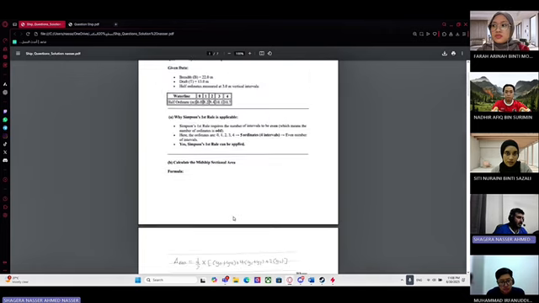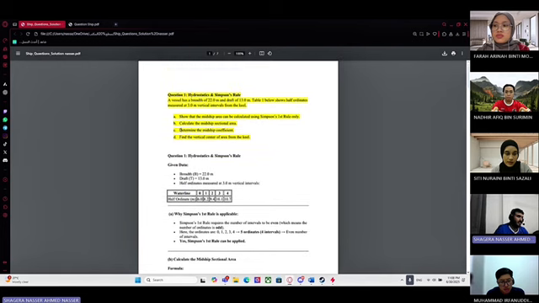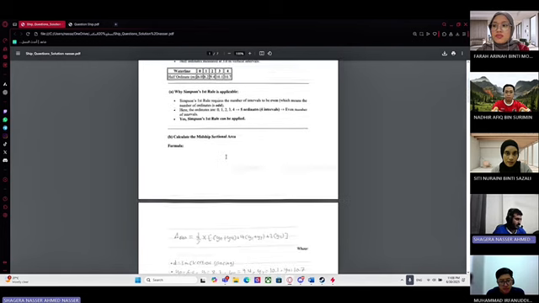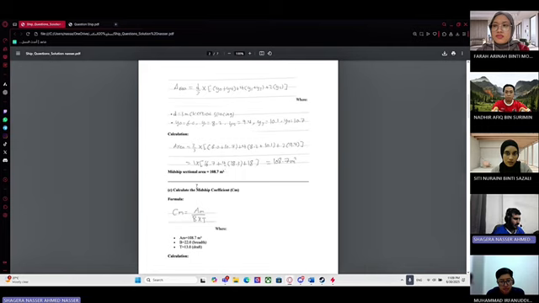For C, determine the midship coefficient.